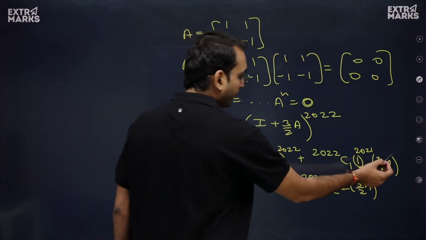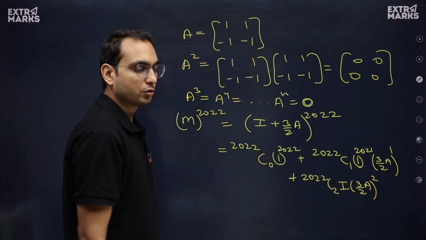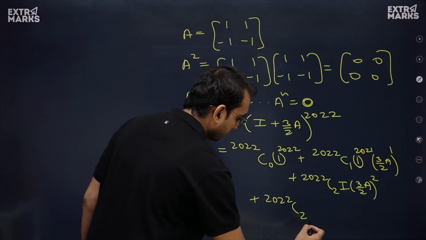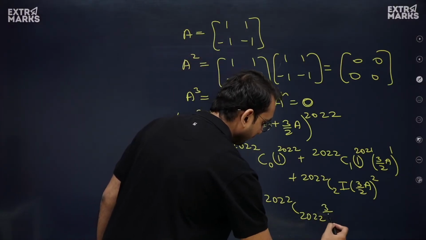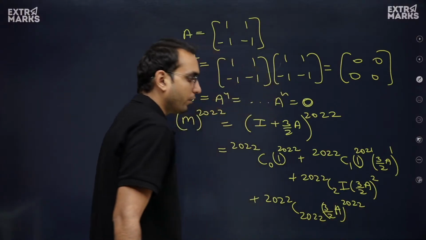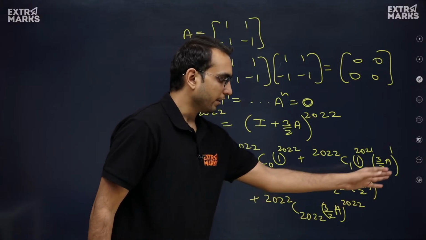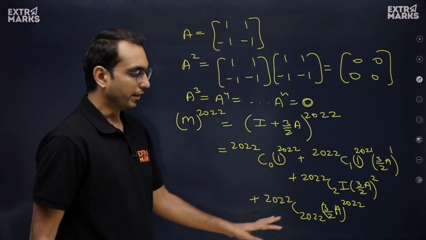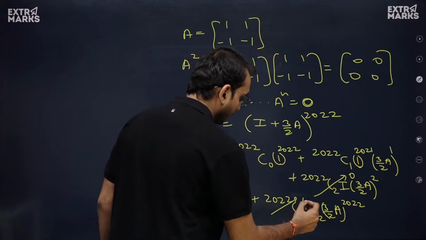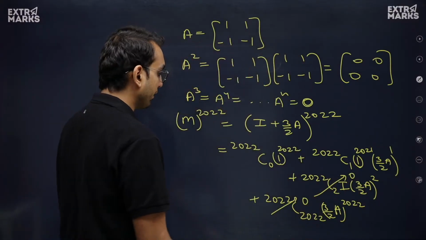So the power is 1, then the power is 2, and so on till 2022 C2022 (3 by 2) to the power 2022 A to the power 2022. Now can you see something? A square, A cube, A to the power 4 and so on. So this whole term will become null matrices.